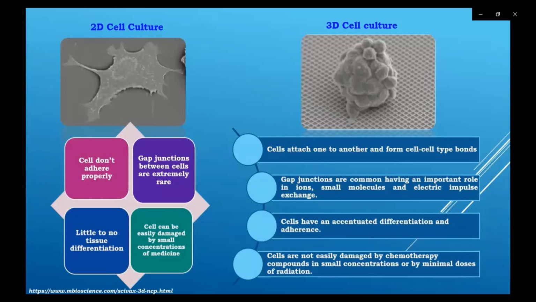Little to no tissue differentiation can be seen in 2D cell culture. Also in 3D, cells have an accentuated differentiation and adherence. And last but not least, cells can be easily damaged by small concentrations of medicine in 2D cell culture. In 3D, cells are not easily damaged by chemotherapy compounds in small concentration or by minimal doses of radiation.